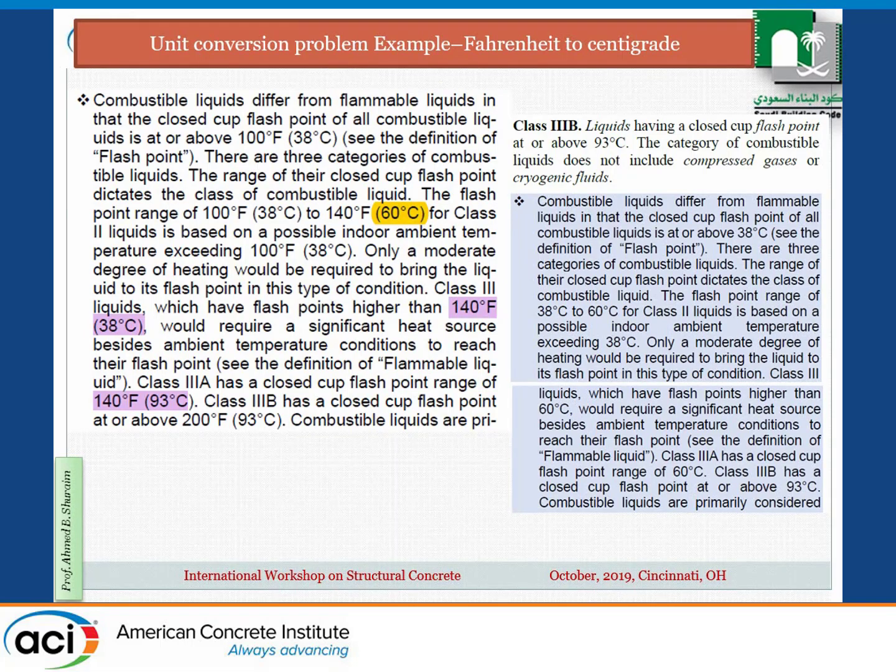For the units, I'll give you some examples that we faced. At the beginning, in fact, we thought we were not checking these things. For example, you see here that 140 Fahrenheit is 60 centigrade. Then you will find again 140, and it is 38. And then you have 140, and it is now 93.